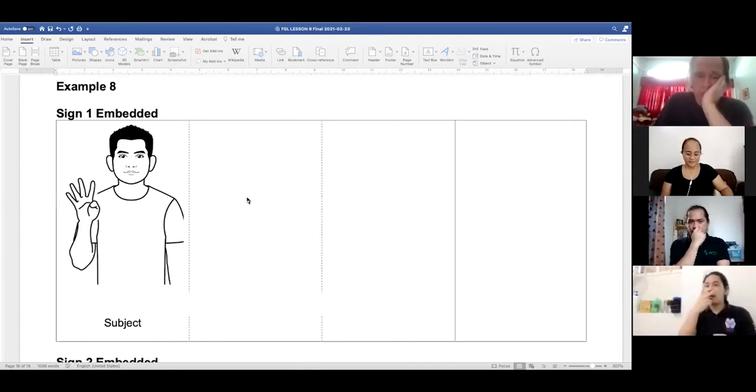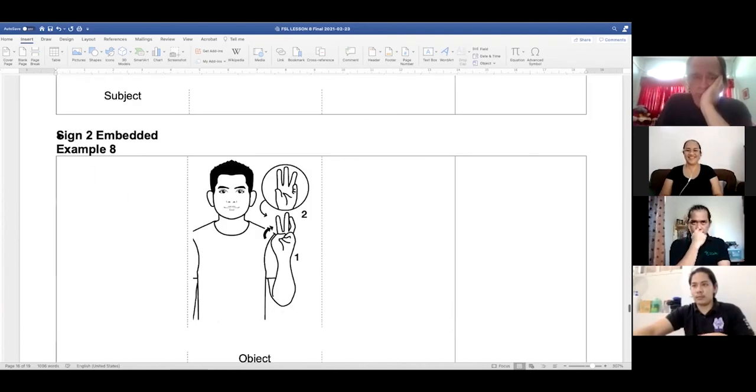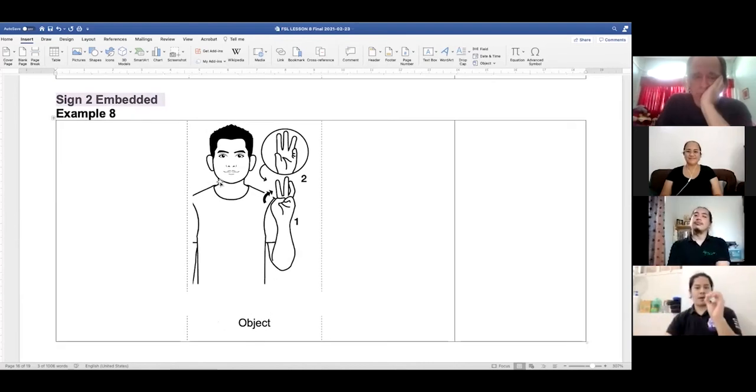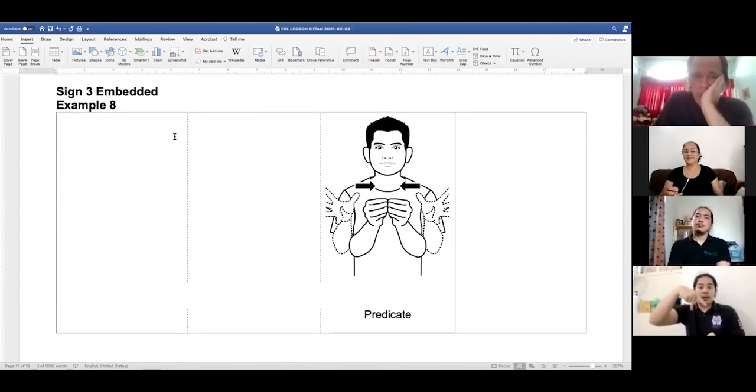And we have to make sure that the sentence is talking about either being embedded or being in the main. For example, that sign is in both, right? So 16 is an object, and this is a predicate in the embedded, right?